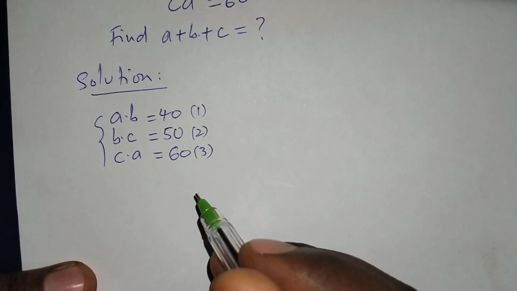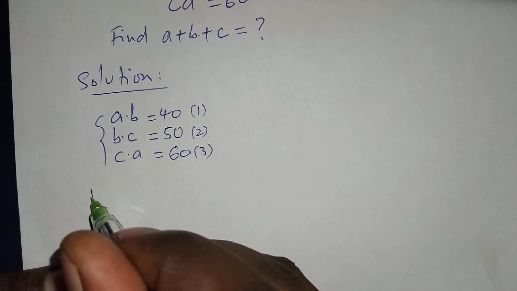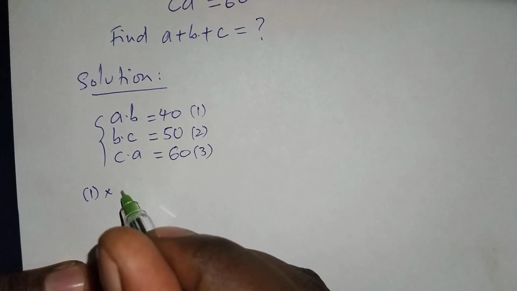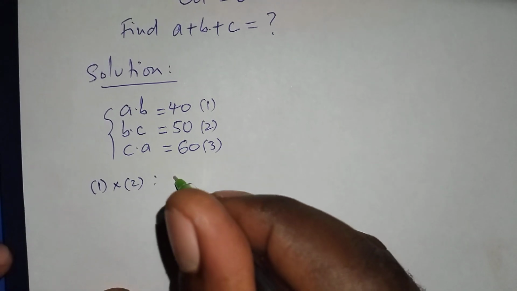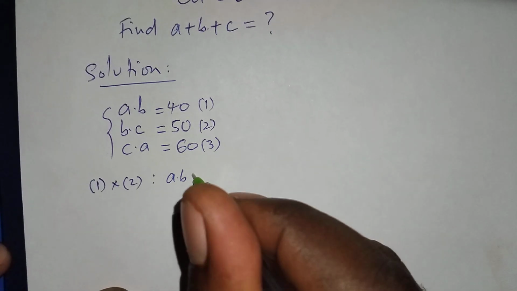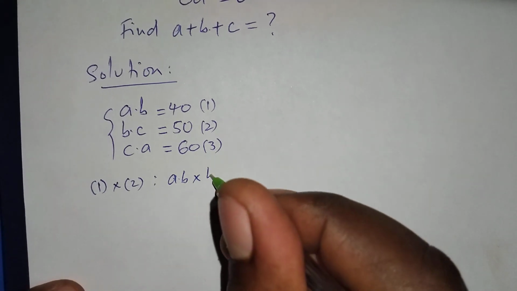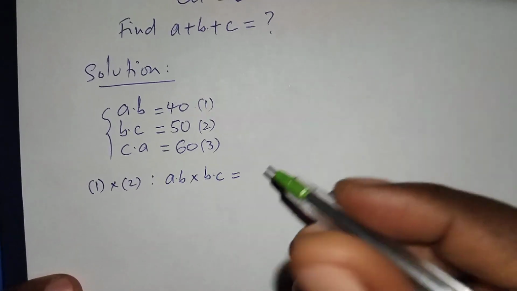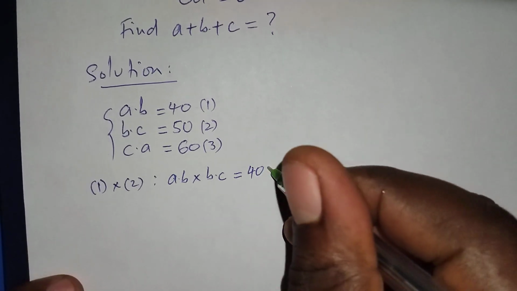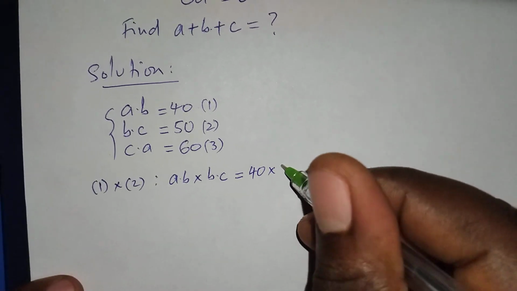Let's multiply equation 1 times equation 2. So we have A times B times B times C is equal to 40 times 50.